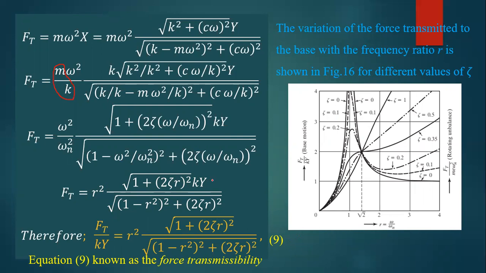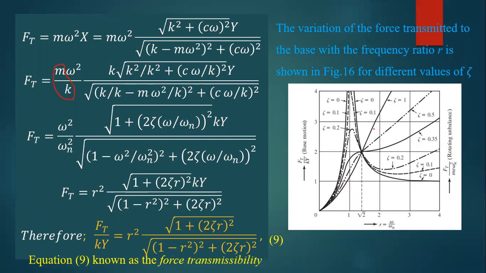So let's bring this ky here. So Ft over ky is equal to r square. Actually we can use one root only for these terms, but we used it separately. Anyway, it is fine, no problem. So this equation is known as the force transmissibility. Ft over ky implies the force transmissibility.